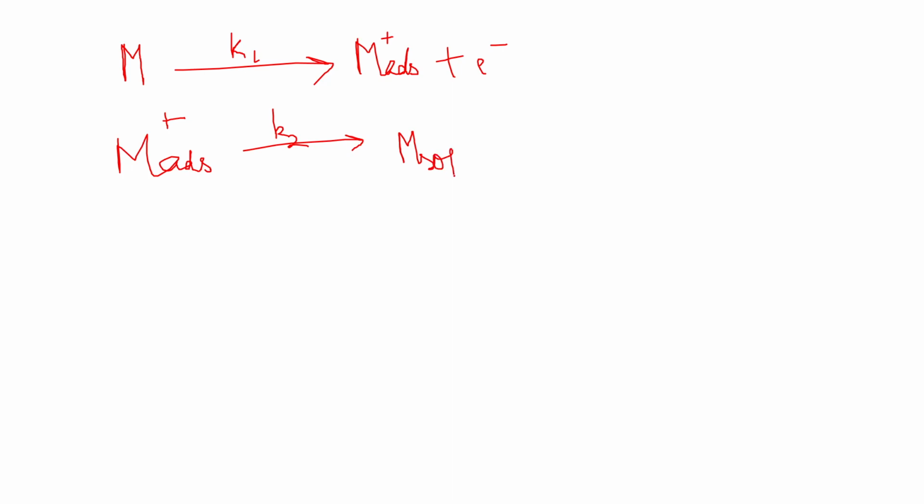See, mechanism can be anything. Anyone can predict, okay? Some people can make any of these steps reversible or anything. So I'm just giving you an example where this is the equation, where in the third step M is directly forming solution. I mean, it is directly going into the solution. That intermediate formation is not happening.